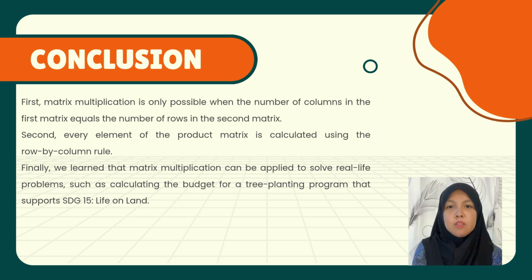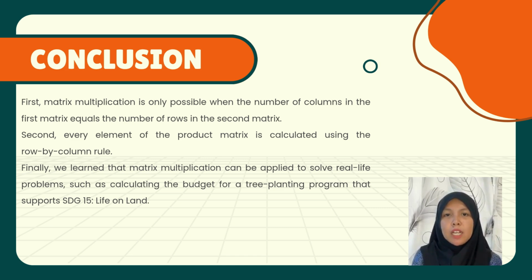Before we finish today's lesson, let's review the main points. First, matrix multiplication is only possible when the number of columns in the first matrix equals the number of rows in the second matrix.